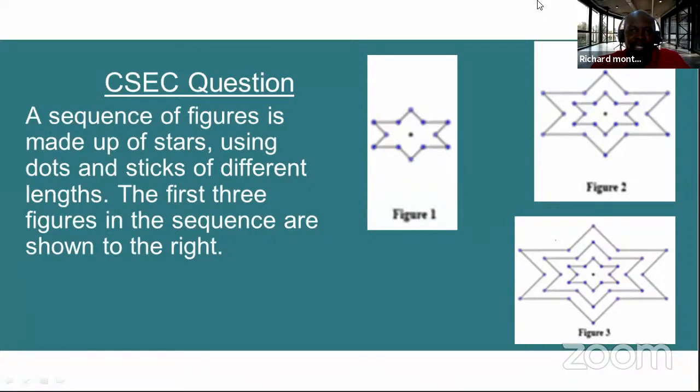What does your chat look like? We're going to give you approximately 2 minutes to do just that. Remember, we want to know how many dots and how many sticks are in figures 1, 2, and 3. Take your time and count.